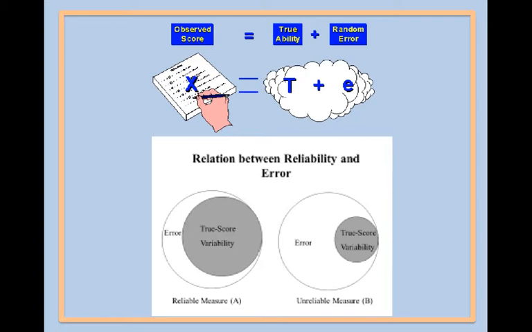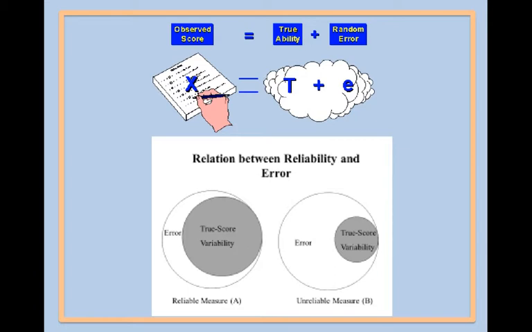This shows that the error makes up a smaller portion of the measurement variance, which is the entire circle, than the true score variability. My apologies. This would be a reliable measure.